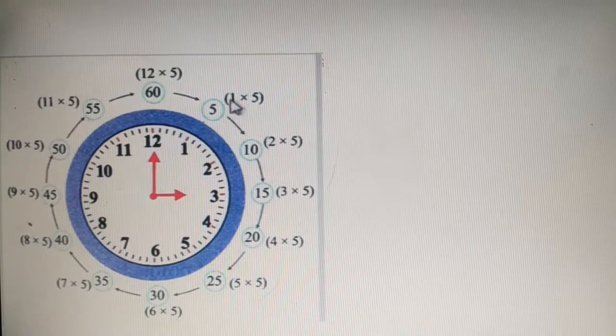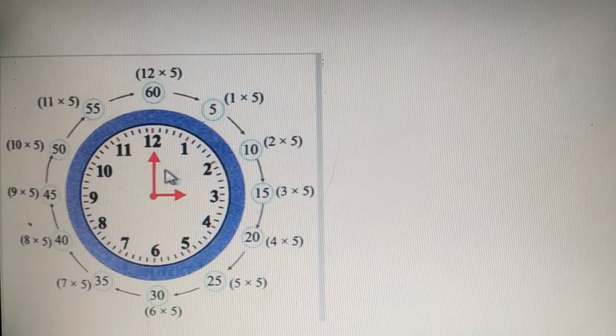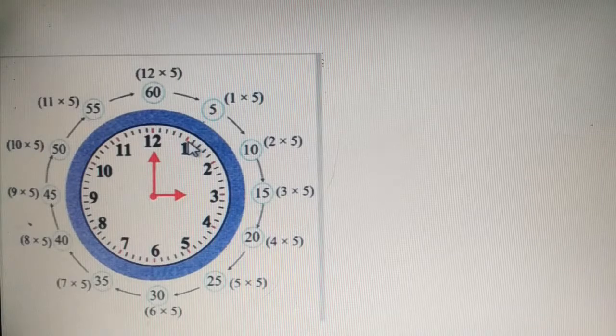Or you can also get to know it by multiplying the number by 5. As the minute hand is at any number, multiply that number by 5. Suppose the minute hand is at 1, multiply 1 by 5. 1 5s are 5. Multiply 2 by 5. 2 5s are 10.